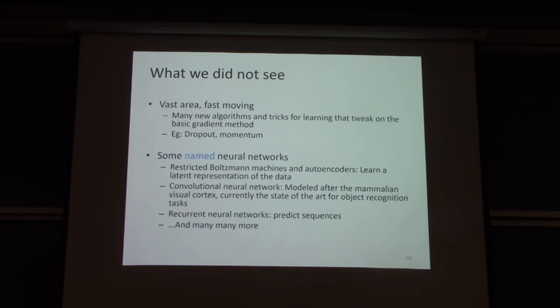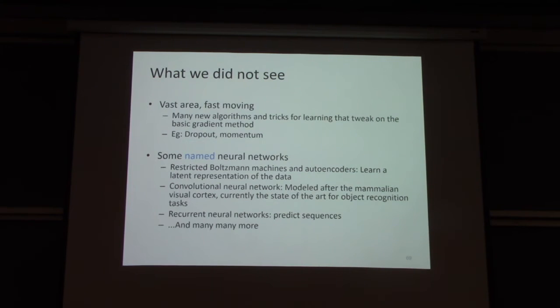This is a neural network that revolutionized computer vision, or at least object detection. Before that, people used standard old-fashioned machine learning methods, things that you know and love, for detecting whether there's a cat in an image or not.